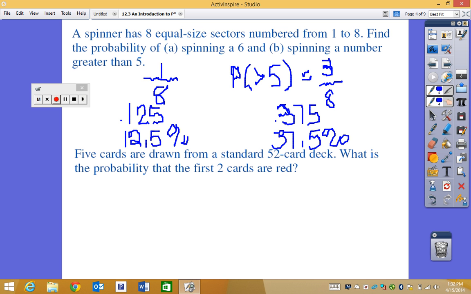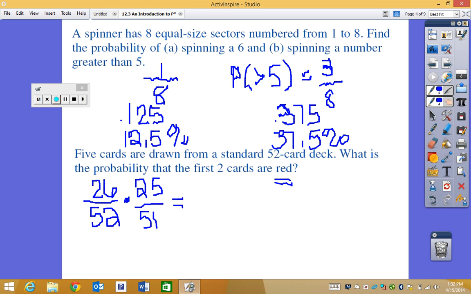The first way is this: the first card that I draw being red means there are 26 red cards out of 52. When I make my second choice, I would have already taken 1 card out of the deck, so there would be 25 red cards left, and only 51 cards left in the deck.